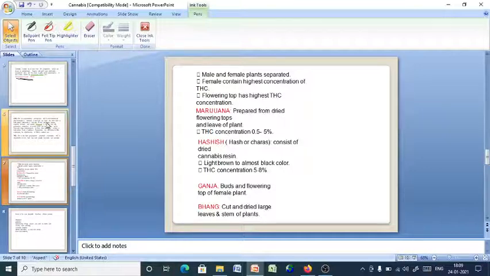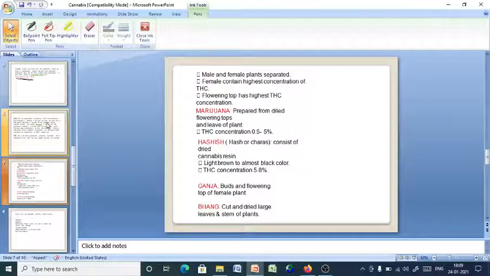Now the various types of drugs like marijuana, hashish, ganja and bhang. Marijuana is prepared from dried flowering tops and leaves of the plant. Here the THC concentration is 0.5 to 5%. Hashish has a much more concentration of THC.